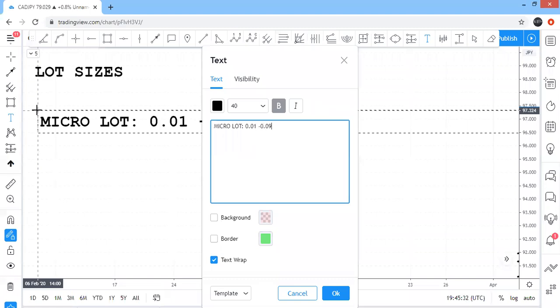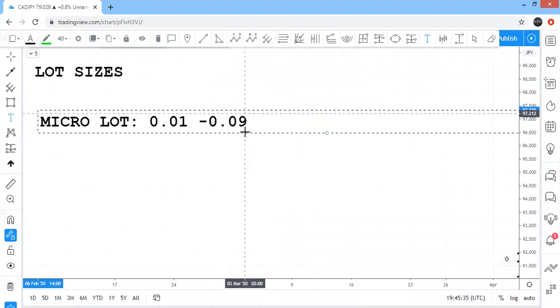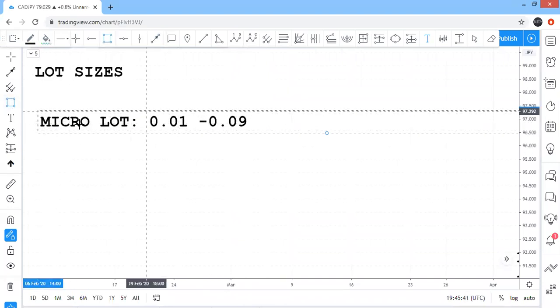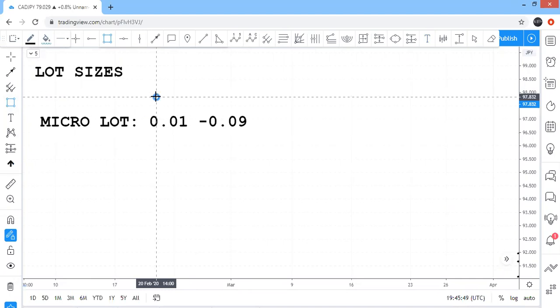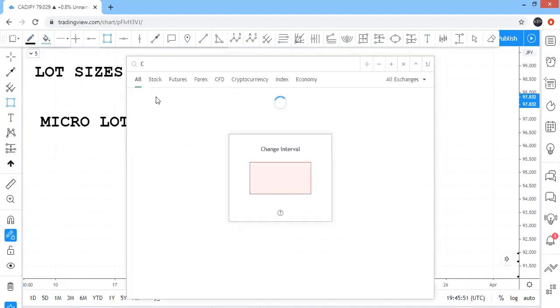So anything that is at the final number after the decimal place, that is micro lot territory. This pretty much means that every pip is worth either 10 cents. Oops, sorry.